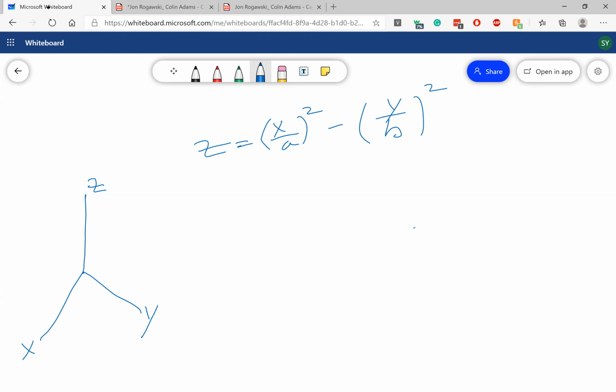In the x direction, when y is fixed, so now you're moving along the y direction. So when y is 0, this is just a parabola. So it looks like this. Now when y gets bigger and bigger, this becomes more and more negative.